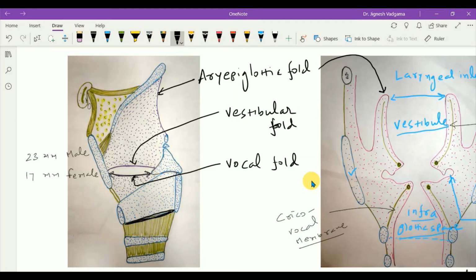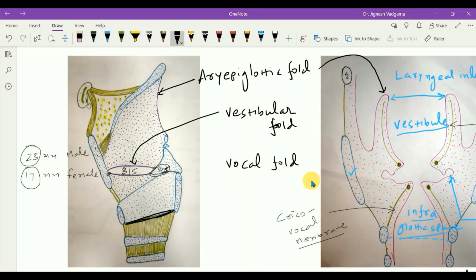And this difference in the size of the anteroposterior diameter of the vocal fold is just because of the thyroid angle. This rima glottidis is bounded in front by the thyroid angle, behind by the interarytenoid mucous membrane, and on each side it is bounded by the vocal fold within the 3/5 portion, and the 2/5 part is formed by the vocal process of the arytenoid cartilage.